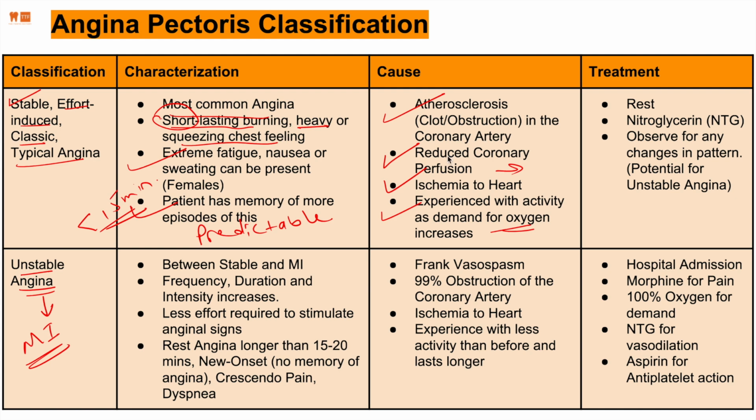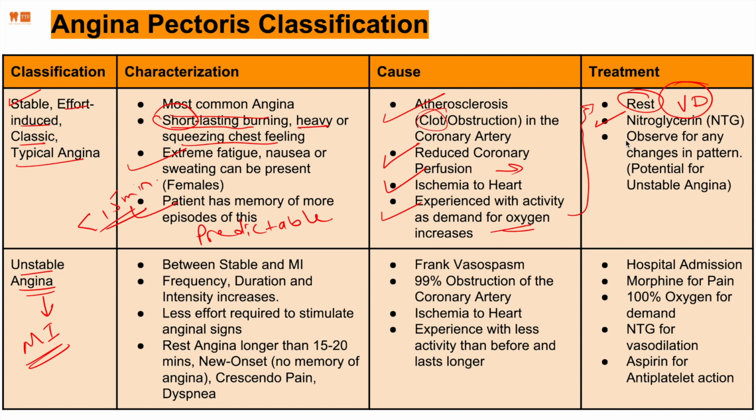And then if you already have an obstruction or a clot in that coronary artery, then you're more likely to have angina pectoris. What is the treatment? Well, rest. So if you went for a sprint, you want to rest and let it cool off, reduce the demand of oxygen. Then pharmacologically, you're looking at nitroglycerin. Nitroglycerin is a vasodilator.